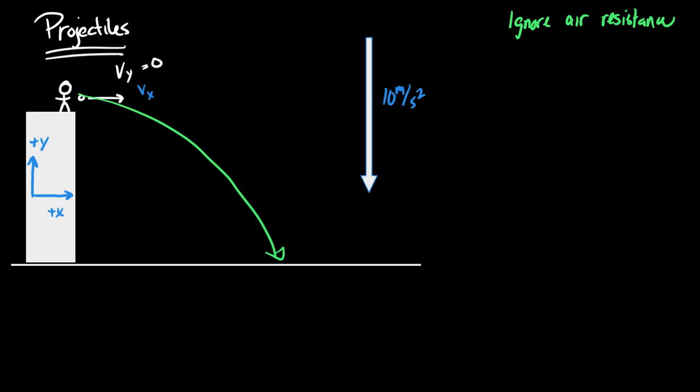I'm probably going to have to put a little naught there to tell me that this is the Y velocity for sure, the initial Y velocity, the velocity that it starts with in the Y direction. I think that's important because after a few moments, the ball's going to be here.